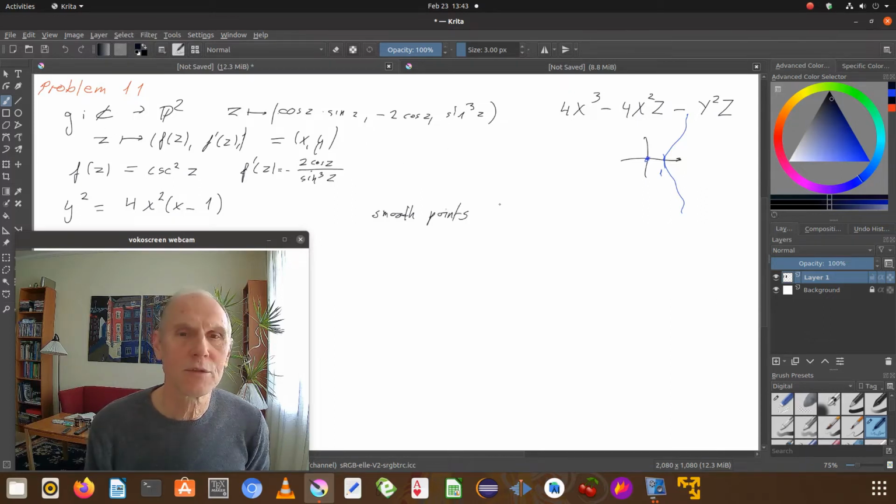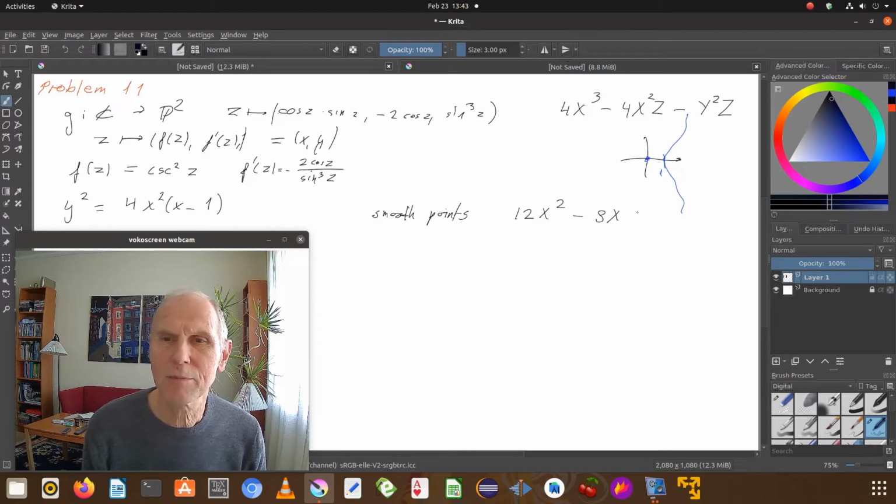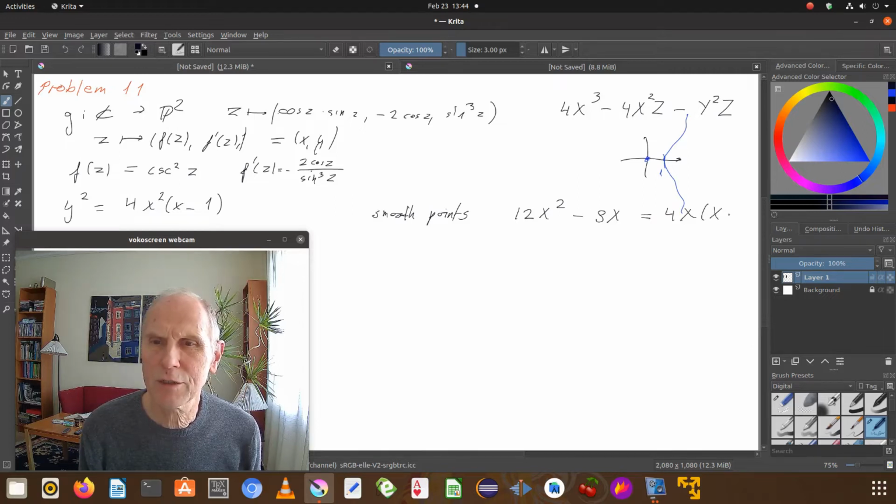So to do that, we must solve the derivative of the equation with respect to x, y, z. 12x squared minus 8x, that is 4x times 3x minus 2. There we go.